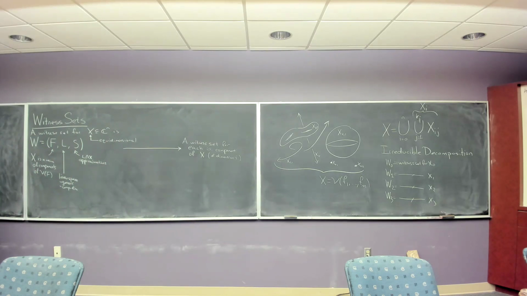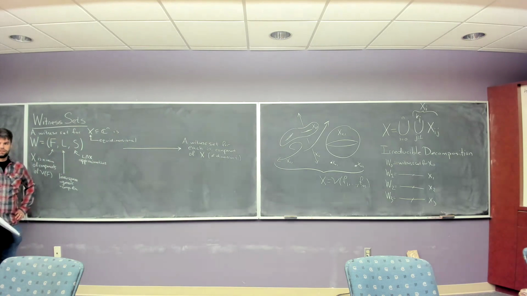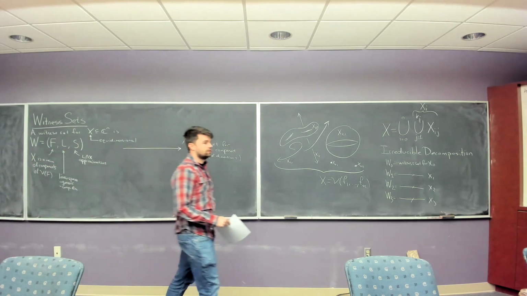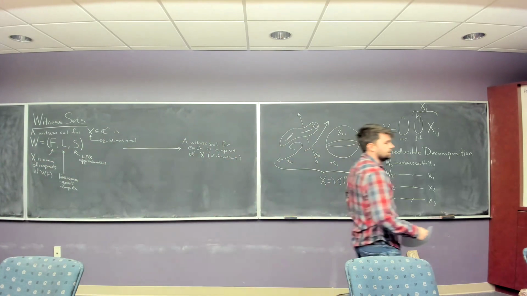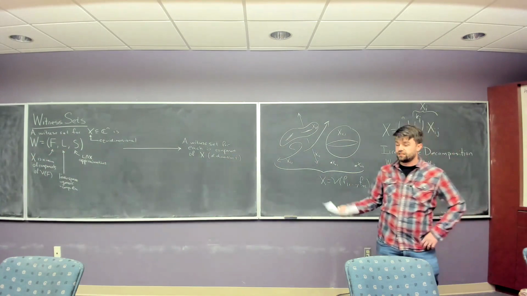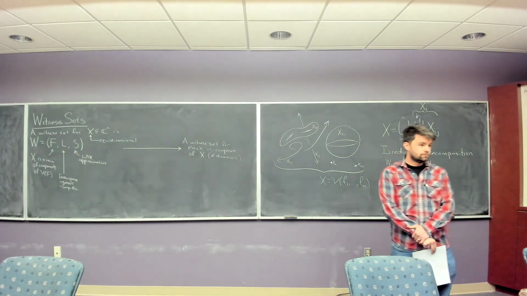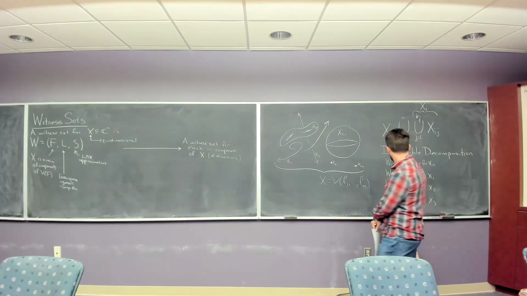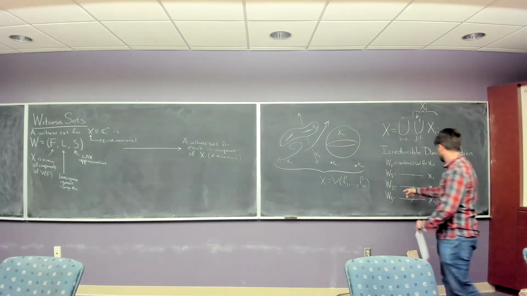So I think last week, or maybe it was two weeks ago at this point, we discussed how to go from a witness set for a possibly reducible equidimensional variety to a witness set for each of its irreducible components. So in other words, somebody hands me, say, W_2.